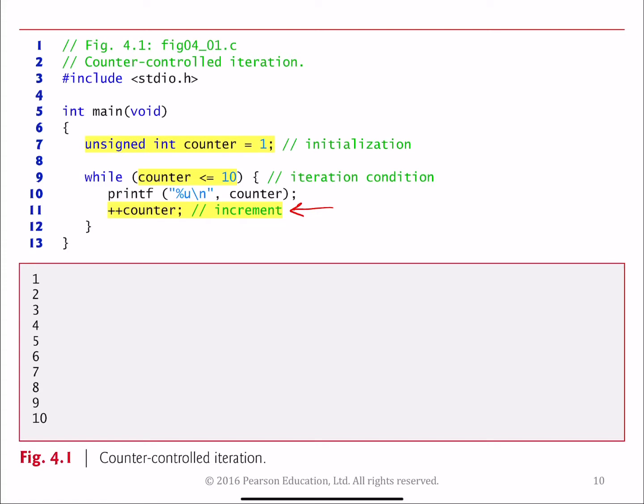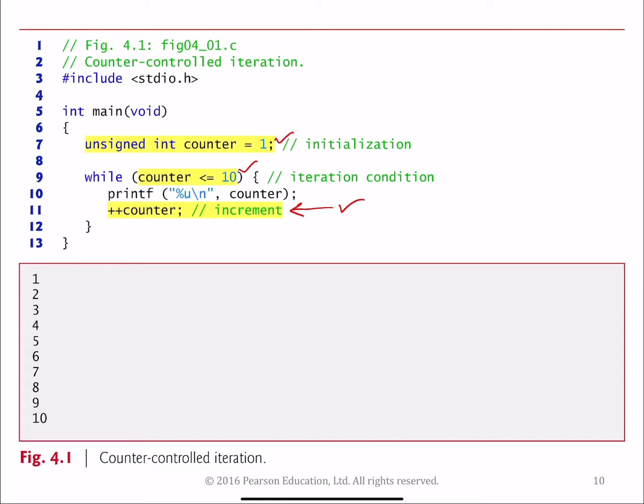In this particular example, this is a while loop that will start with a control variable counter set initially to 1, and it will be incremented by 1 in each iteration of the loop, and it'll go until the value of the counter equals 10.